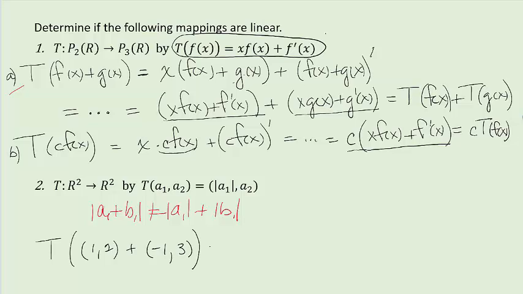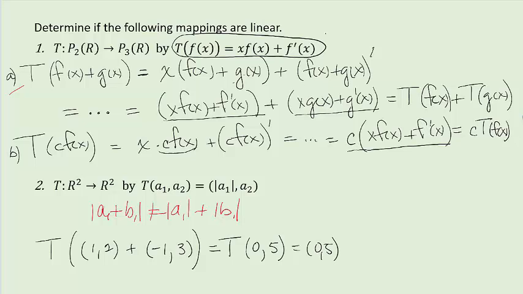Okay, if we add those two together, we get T of (0, 5). The absolute value of 0 is 0, and so that is (0, 5).